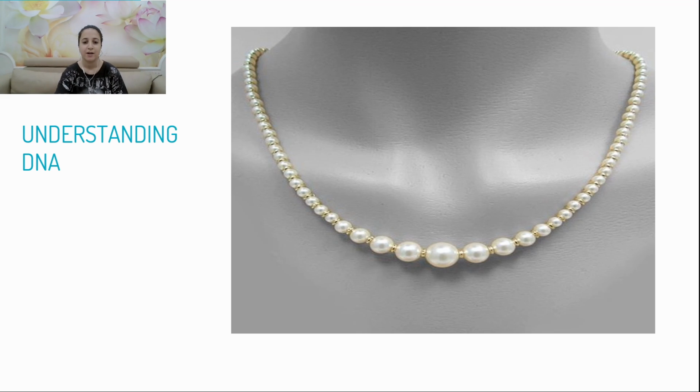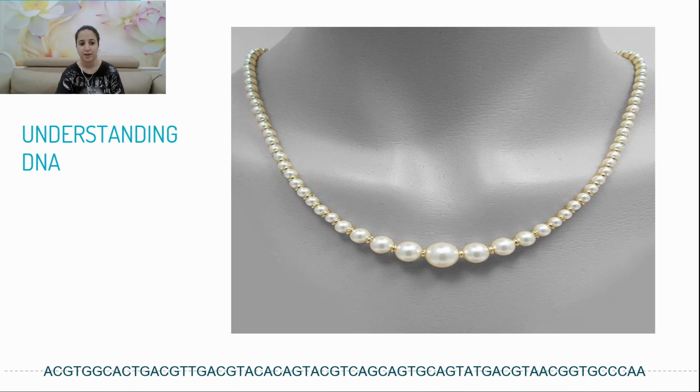So a simple representation of a DNA could be like this. They're just arranged in a specific order, and it's important to note that their order, for example on the screen A, C, G, T, G, G, C, A, C, this particular order is very important for all the proteins synthesized in our body, as DNA is what gives rise to protein later on in our body.